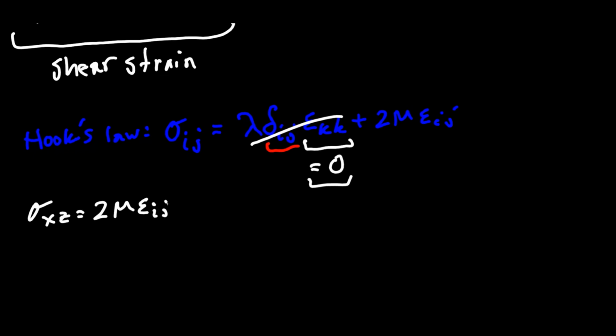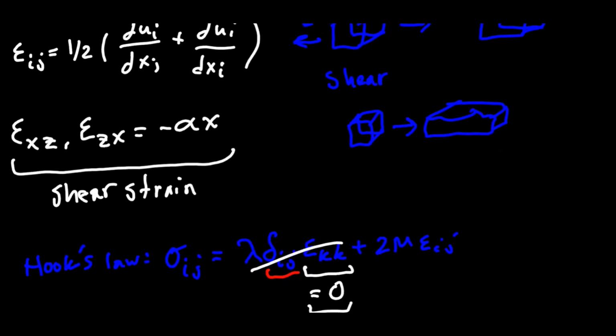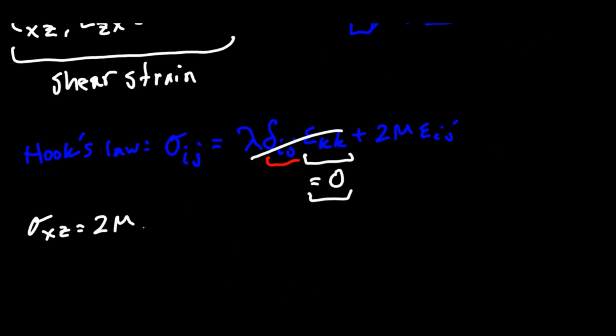However, here we need to deal with this because we don't want the stress in terms of the strain. We just want to know what the stress is without having to compute the strain. So the strain here can be represented if we just replace this with our result that we got up here, which is times negative alpha x.